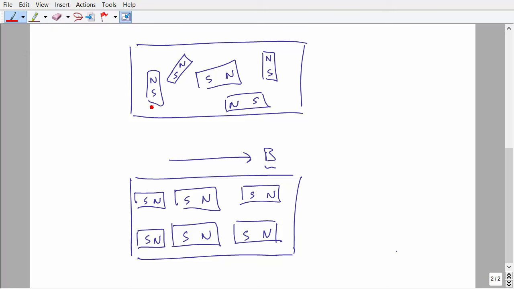We're going to consider a magnetic material as one which is comprised of a whole lot of little magnetic dipoles, and each of these, if you like, could be considered as a little current loop. In the absence of a magnetic field, these dipoles are all randomly aligned. When we apply a magnetic field to the material, as described here, those dipoles will line up.